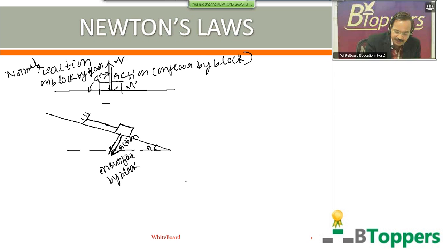Here the action is the force exerted on the surface of the inclined plane by the block, which acts perpendicular to the surface of the inclined plane and directed towards the surface. So the direction of the reaction will be opposite to the action.